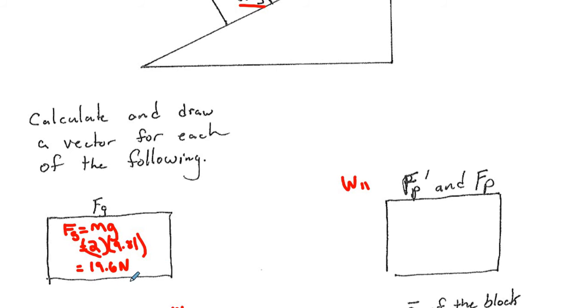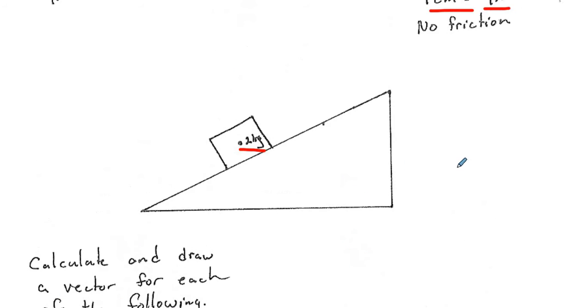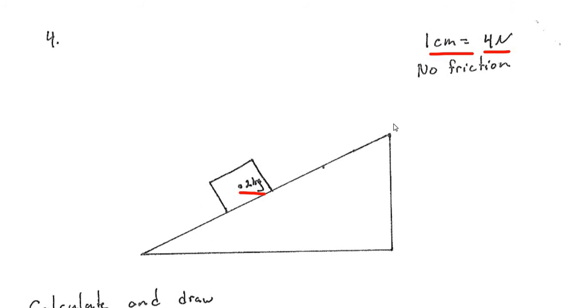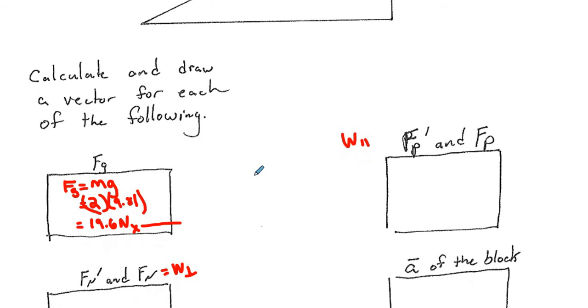If we use the scaling factor that 1 centimeter equals 4 newtons, putting the newtons down below so I cancel them out, this is going to be 4.9 centimeters. I'm going to calculate all these, and then we'll go back up and draw them in.